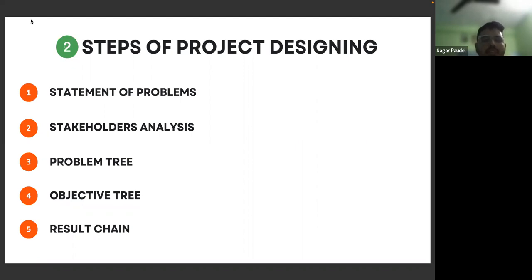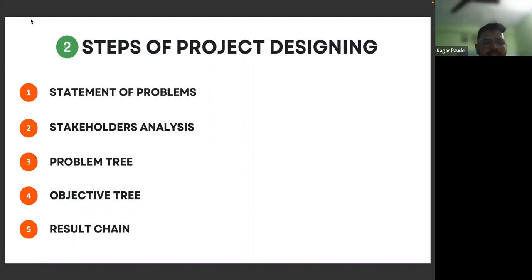And next, on the basis of the problem tree, on the basis of identifying the major causes of the problem, we need to provide a solution through the objective. Maybe if the major root cause of impure drinking water is the unmanaged sources, then our objective is to manage the sources, or we can design some construction work in order to manage the source. So this can be our objective.